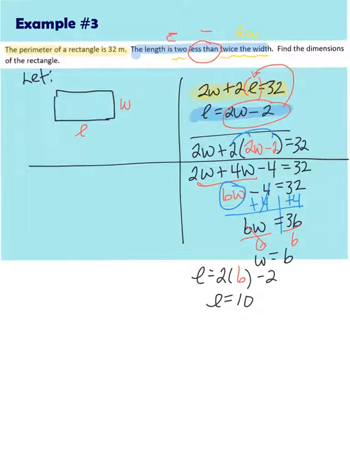So now I have found the dimensions of the rectangle, so therefore the dimensions are length and width: 6 meters, because that's my unit of measure in the problem, by 10 meters. And that's it. Let's look at example 4.